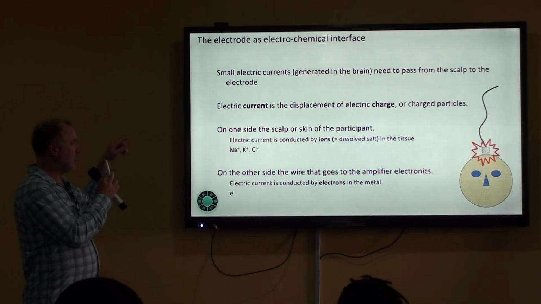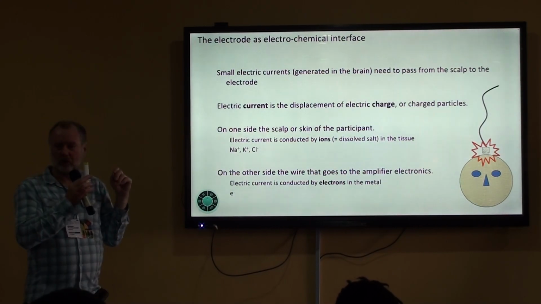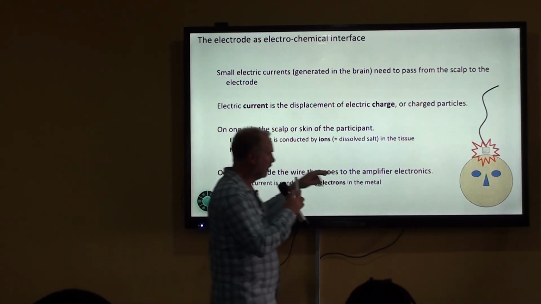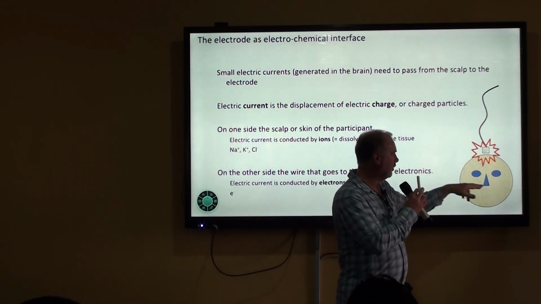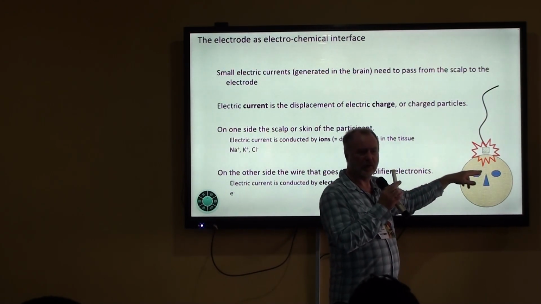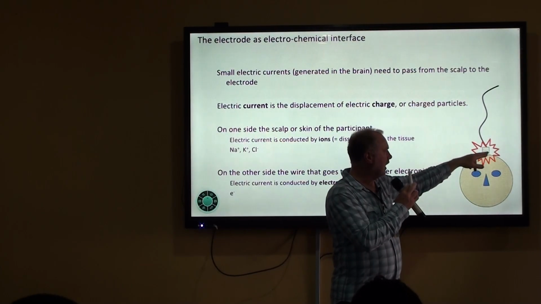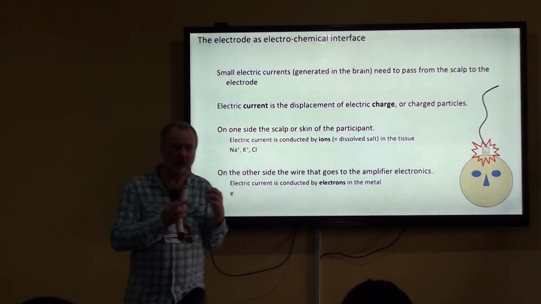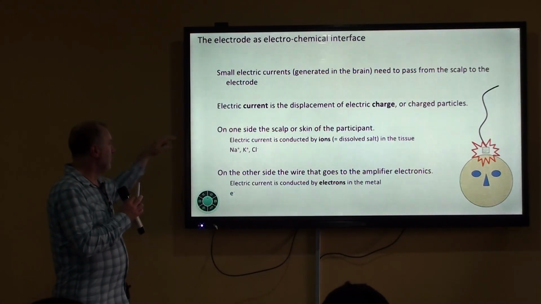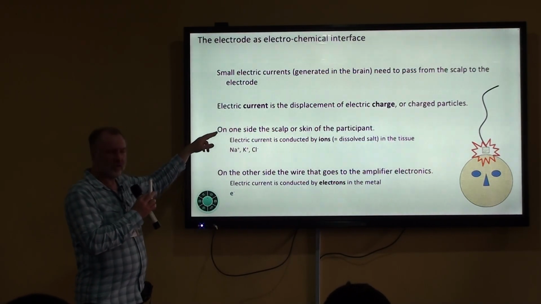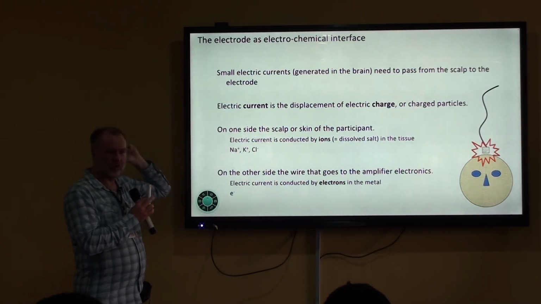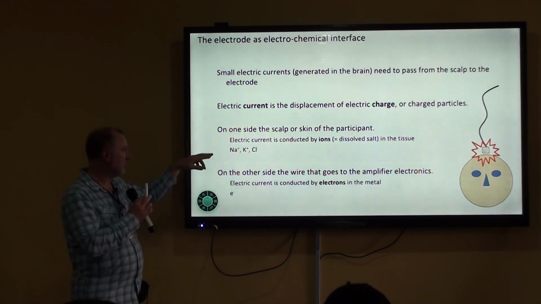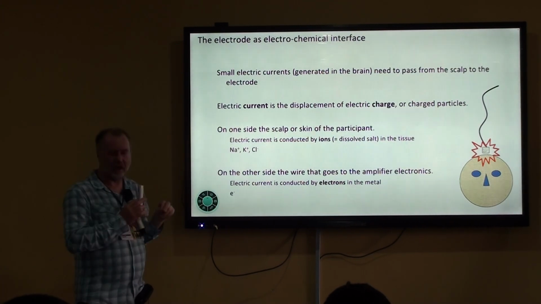The electric current is the displacement of electric charge or charged particles. So if you imagine electric currents being generated by neuronal activity, then at this interface between the electrodes and the scalp, something needs to happen. On one side of the electrodes, we have the scalp or the skin of the participant, and there electric current is conducted by ions.